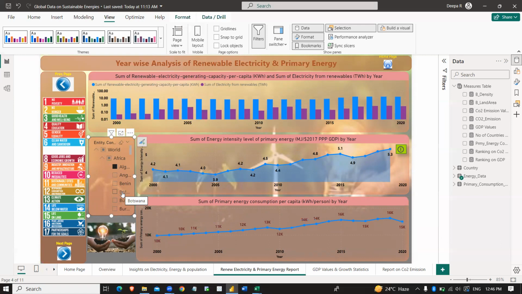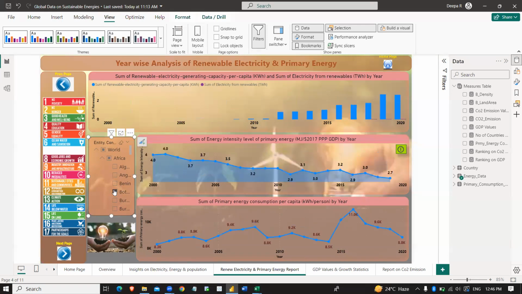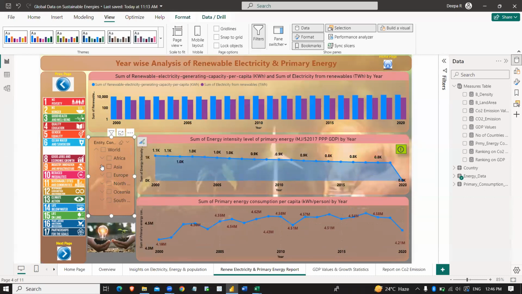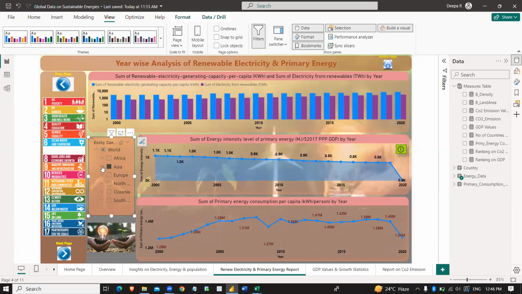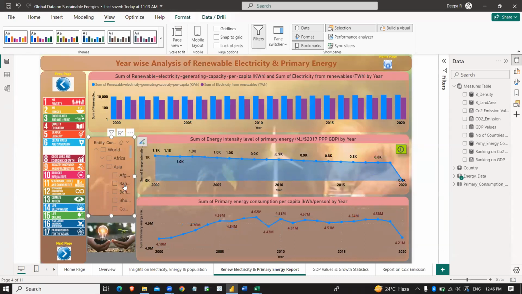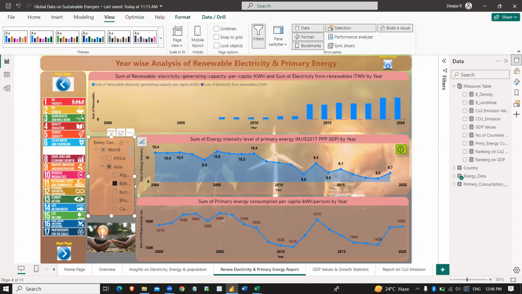This is Botswana. Like this. If you don't want this one, you can go up and select Asia, and take up any country in Asia. This is Bahrain. So according to the country selection, it is showing the data.